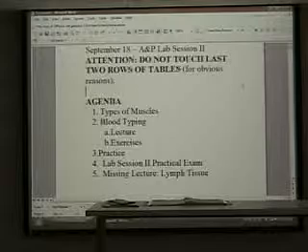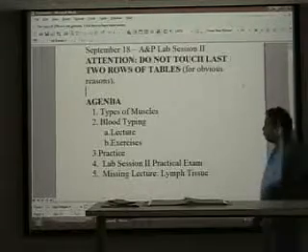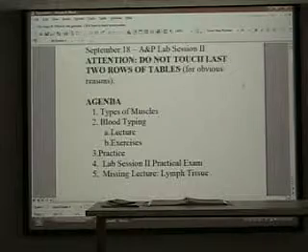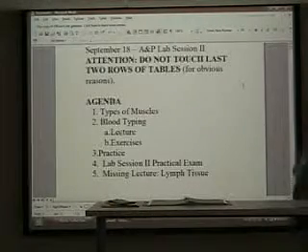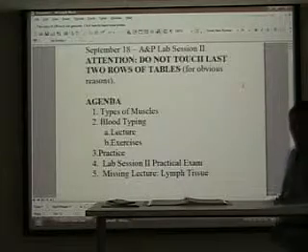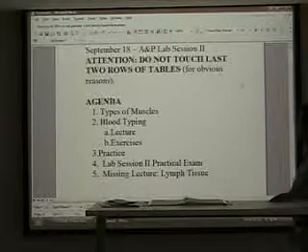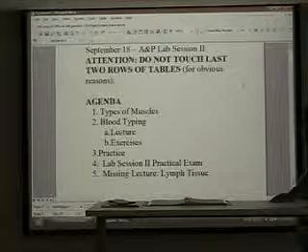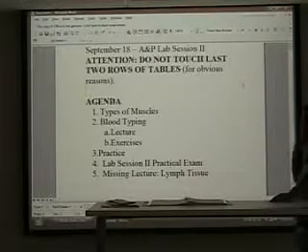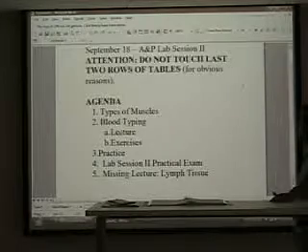The agenda for today, we're going to go over the types of muscles, and there's three types: skeletal, visceral, and cardiac. You will also need to know what they look like and be able to identify them. Blood typing, I'll have a quick mini lecture, and then you can practice.